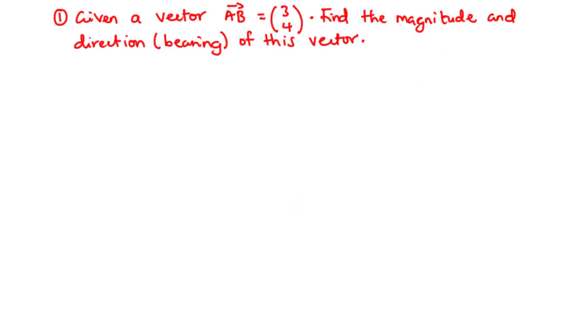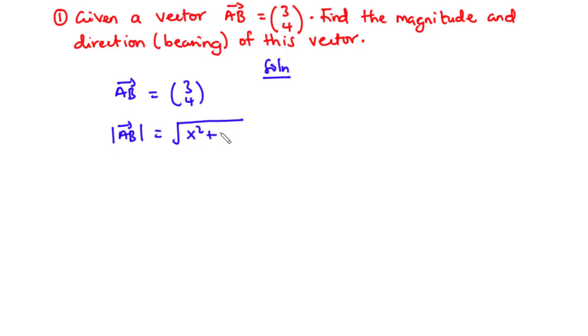Now let's take our first example. Given that vector AB is equal to 3, 4, find the magnitude and direction of this vector. The magnitude of vector AB is equal to the square root of the x component squared plus the y component squared.